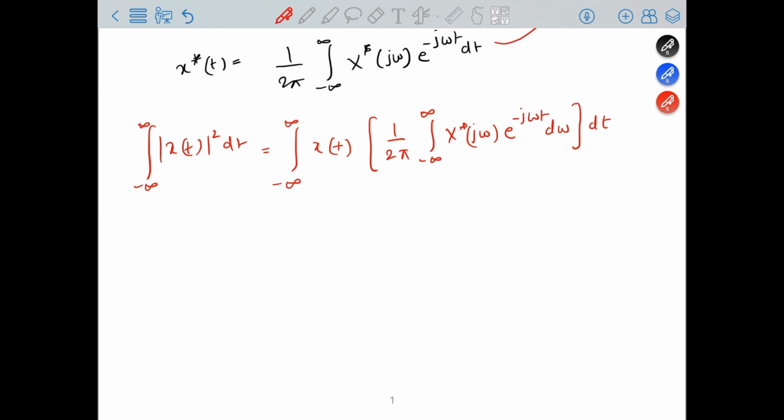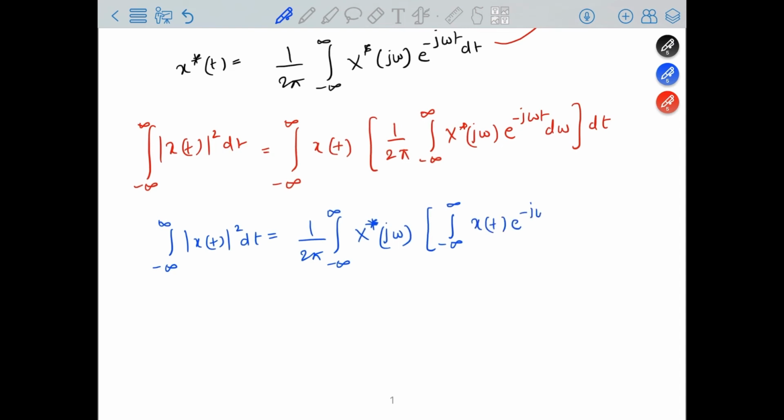Now we'll reverse the order of integration. So reversing the order of integration, we'll get the integral of mod of x(t) square dt equal to 1 by 2 pi times the integral from minus infinity to infinity of X conjugate j omega, this is your conjugate, and now due to reversal we'll get the integral from minus infinity to infinity of x(t) e raised to the power minus j omega t dt.